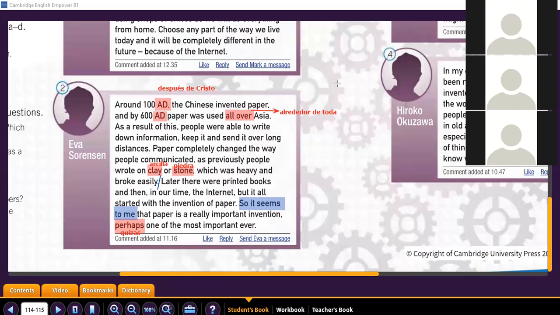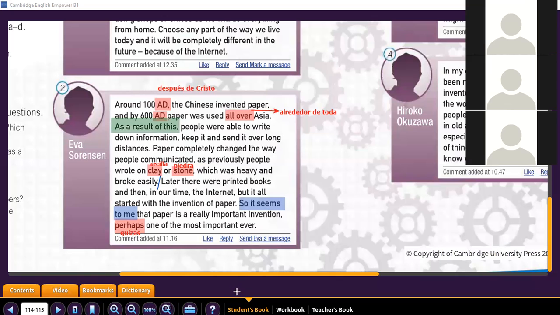Una consecuencia. ¿Con qué frasecita indicamos un resultado? As a result of this. Exactly, as a result of this, right? Y como resultado de esto. So here we have some phrases.